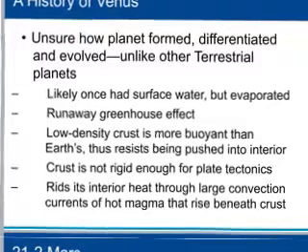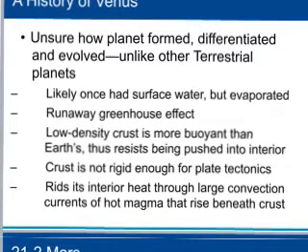Its low density crust is probably more buoyant than Earth's, and that means it resists being pushed into the interior. So it's kind of bouncing along or floating along pretty good onto the mantle. The crust is not rigid enough on Venus for that plate activity.